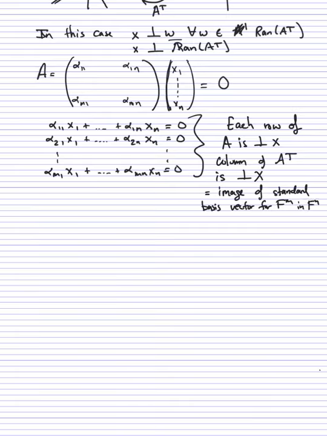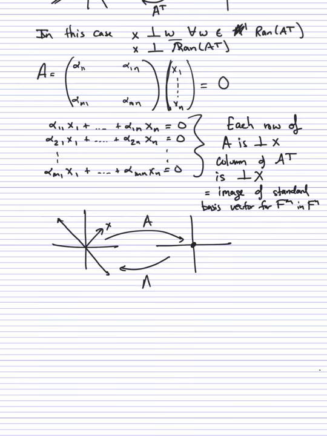Okay? So in other words, what you have is a vector x. It's in the kernel, so it gets sent to 0. Now, this means that it satisfies this equation, and that means that the entire image of A transpose has to be orthogonal to it.